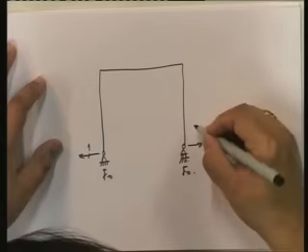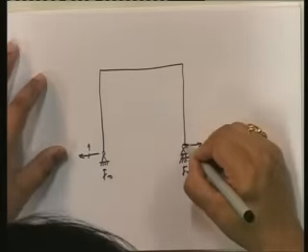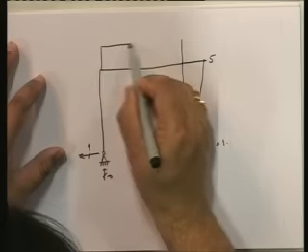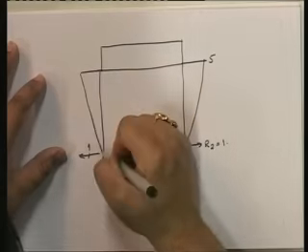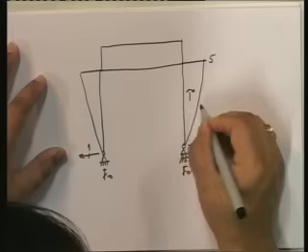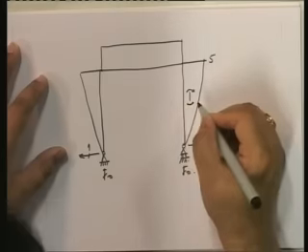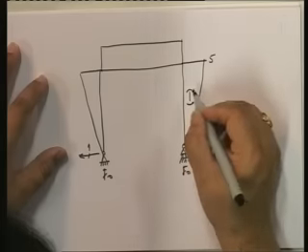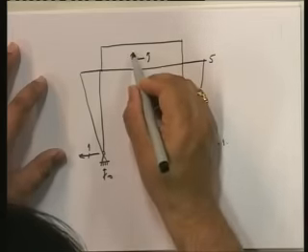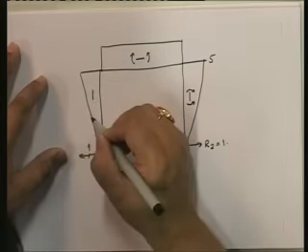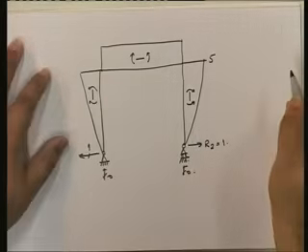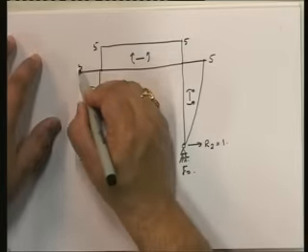So how will the bending moment diagram look? 5, 5, 5.